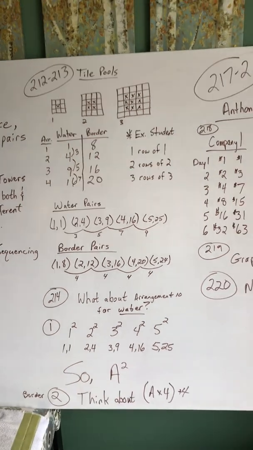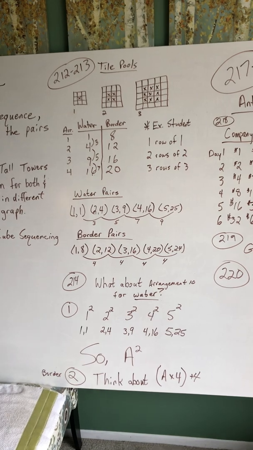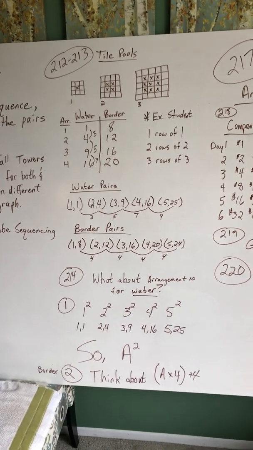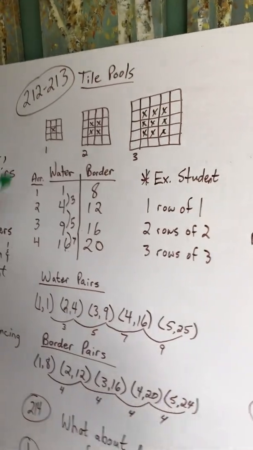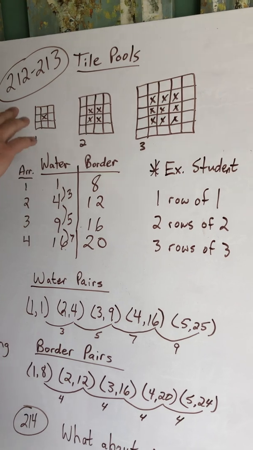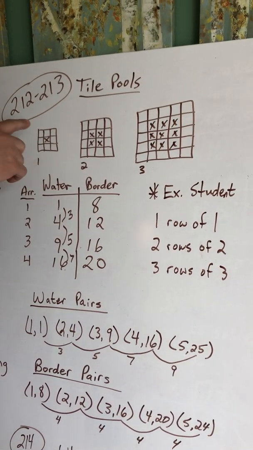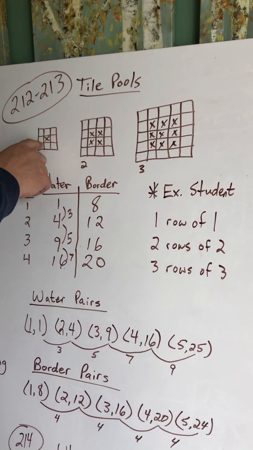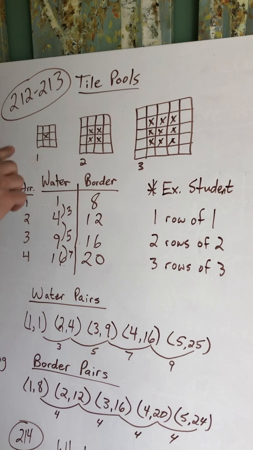Now, if you look at workbook 212 and 213, we have these things called tile pools. And what they've done is they've given you a picture of tiles, okay? And in your drawings in the book, the outside border is in a grayish color, and the inside is white.